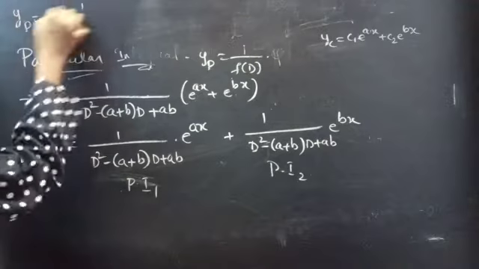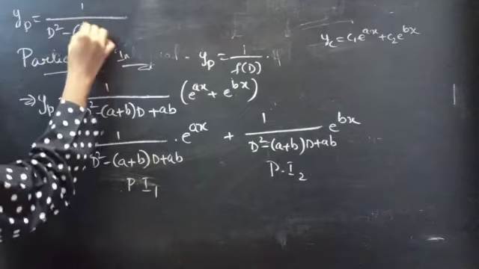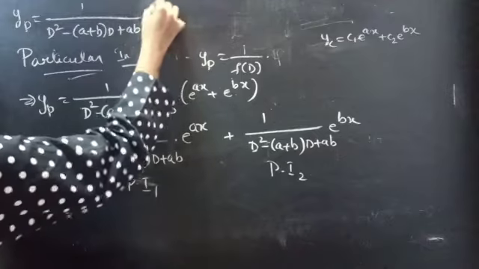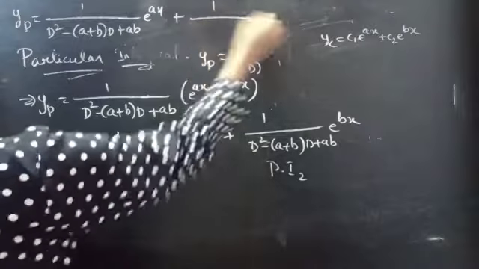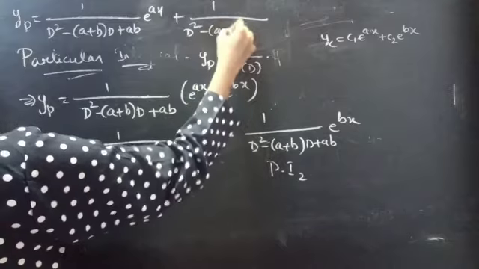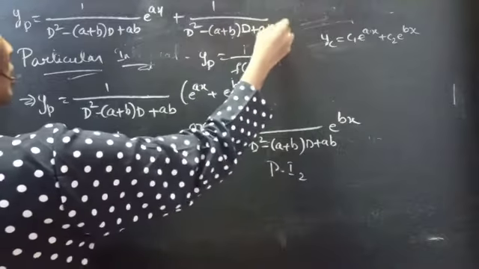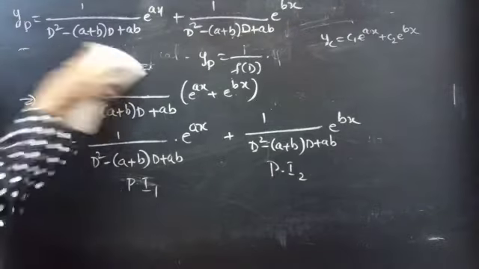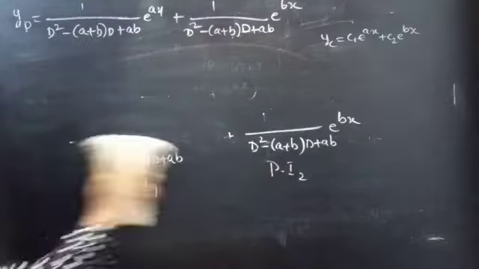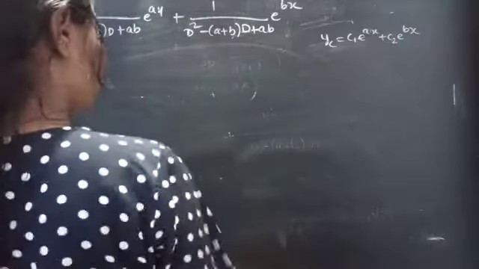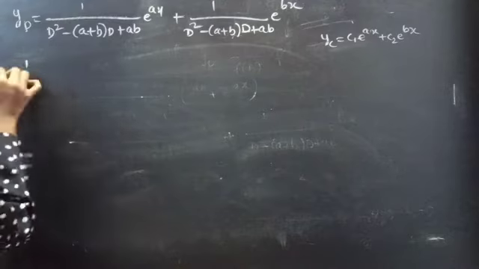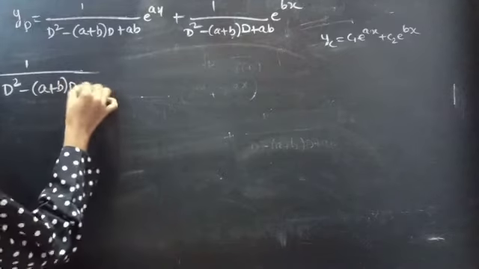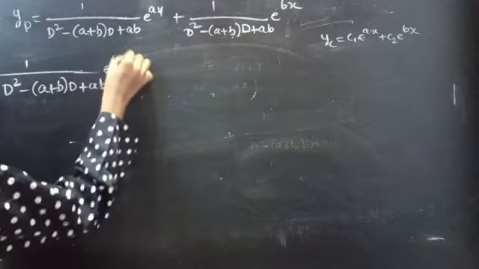We have yp equals to 1 by D square minus of a plus b into D plus ab into e power ax, and another term 1 by D square minus of a plus b into D plus ab into e power bx. So let's find the first one. 1 by D square minus a plus b into D plus ab into e power ax.